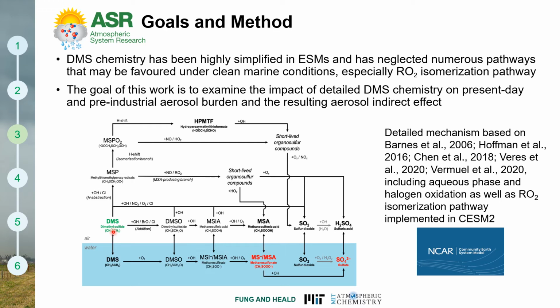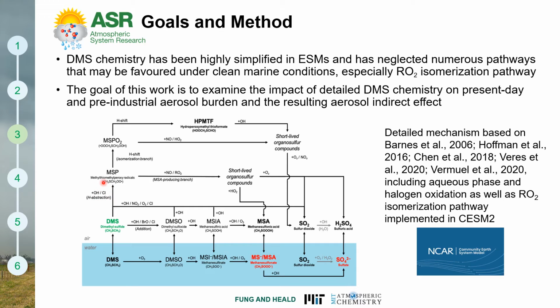So we have oxidation by OH, BrO, and Cl leading to a suite of intermediates, ultimately getting you to the formation of sulfate. We also have other oxidation pathways, including NO3. And then in the aqueous phase, we have oxidation of DMS by ozone, which is a major pathway for formation of MSA. And then finally, we have the H abstraction pathway.